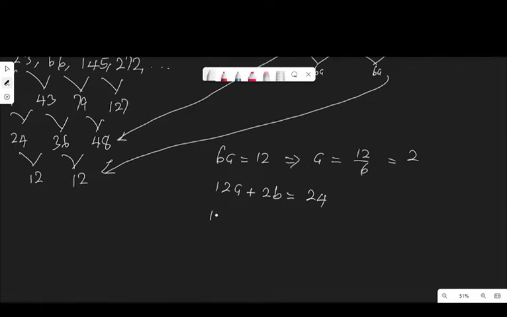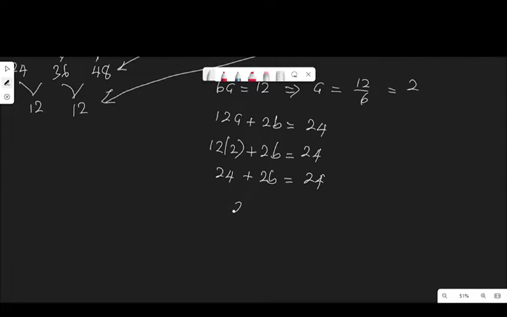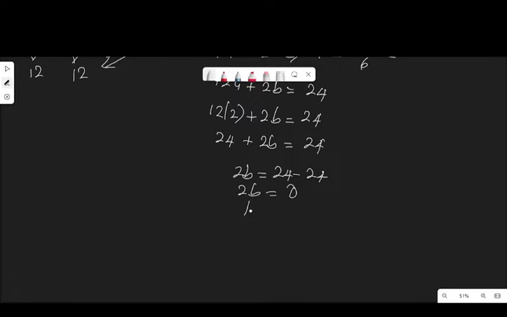That means 12 times 2 plus 2b is equal to 24. 24 plus 2b is equal to 24. 2b therefore is 24 minus 24. 2b is equal to 0. b is equal to 0 divided by 2, which is 0.